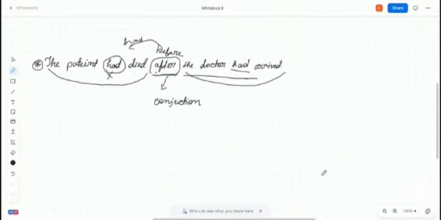Why does it happen? Let me tell you. We can see the patient died after the doctor had arrived. That means the doctor arrived, this action happened first, and then this happened. So if an action happened like past of past, we can say past perfect is the past of past.